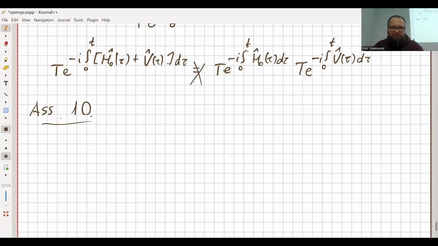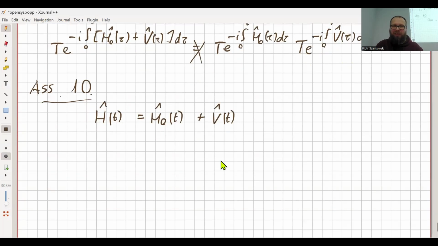So we have our full Hamiltonian. It has H0(t) plus V(t). We have our full evolution operator, but let's make it go from S to t.